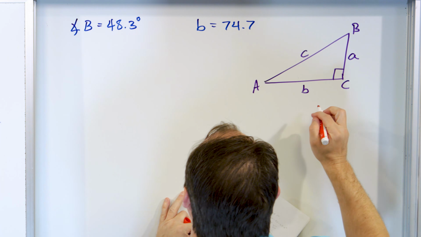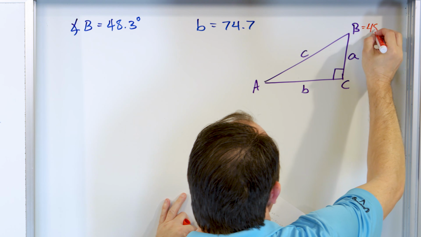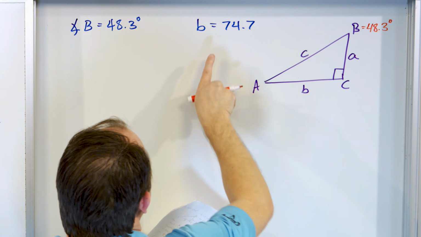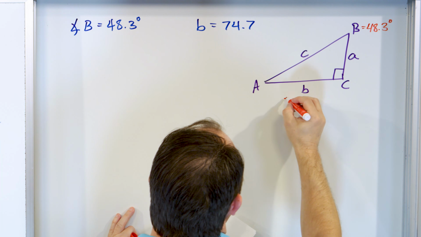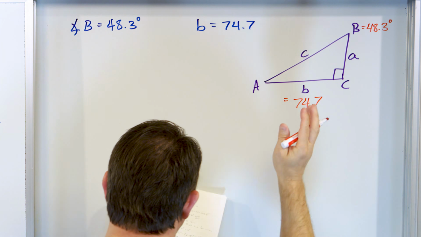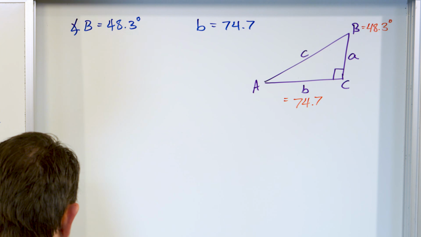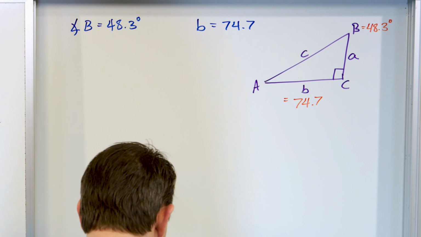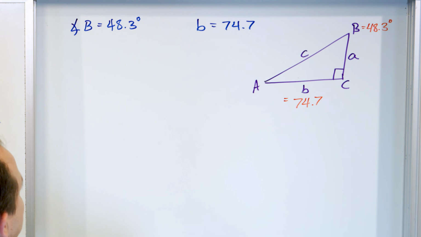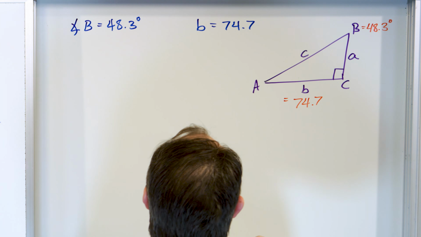Angle B is 48.3 degrees. And side B, down here, is 74.7 meters or whatever it is. So what do we do first? Like I said, you really have choices. You can do whatever you want first, but I actually have two angles here.